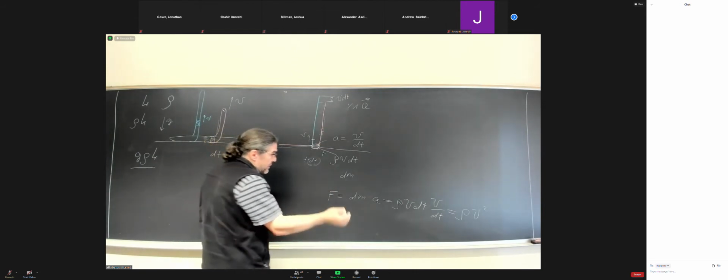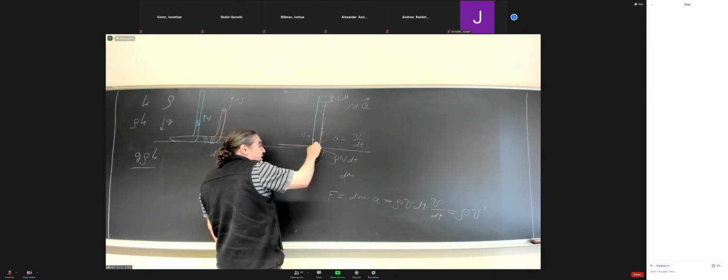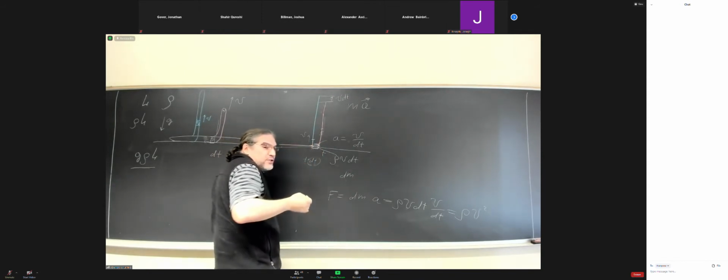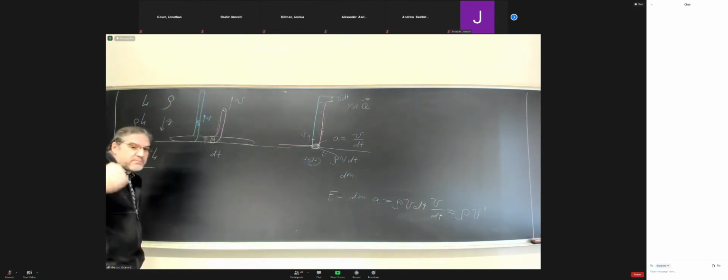And the only additional force which is required to move it is coming from that little piece, the force which you need to start moving that snake piece by piece.